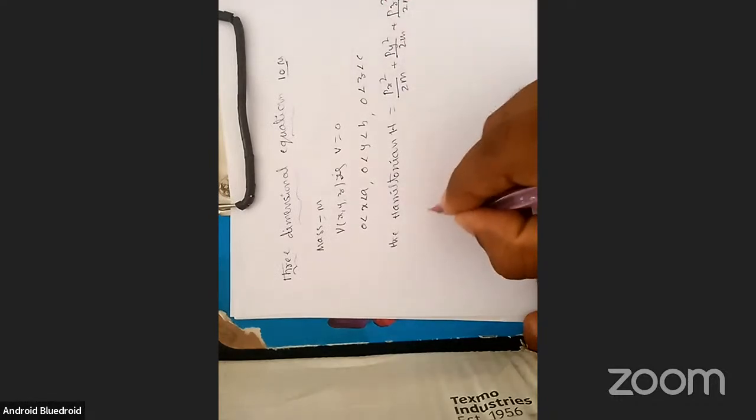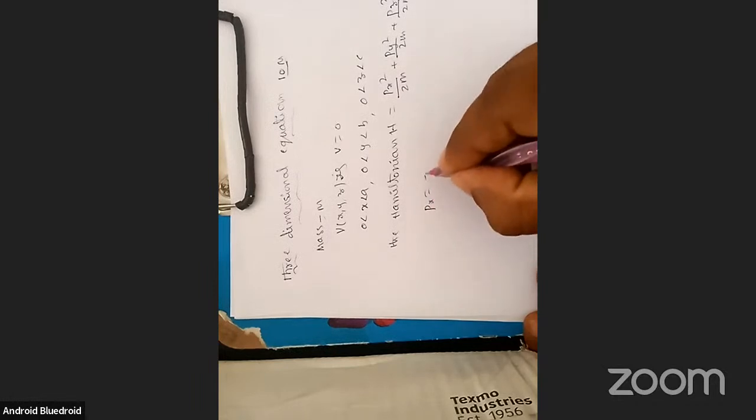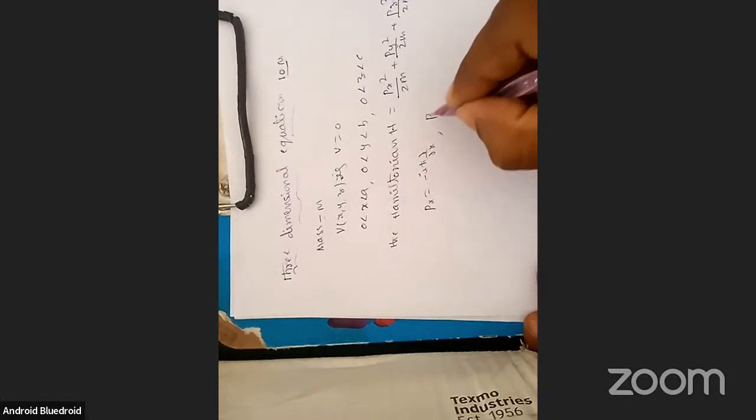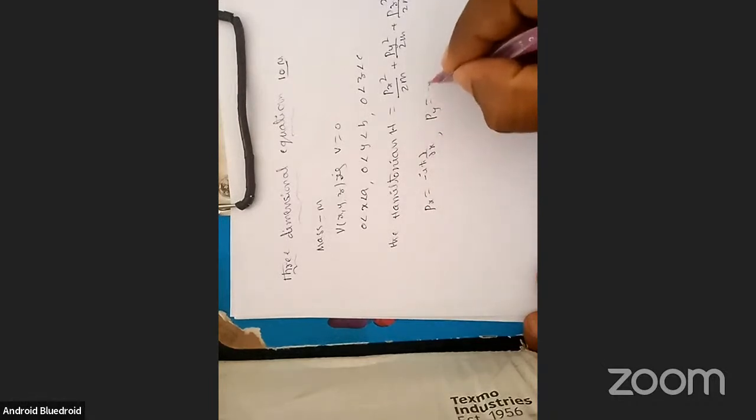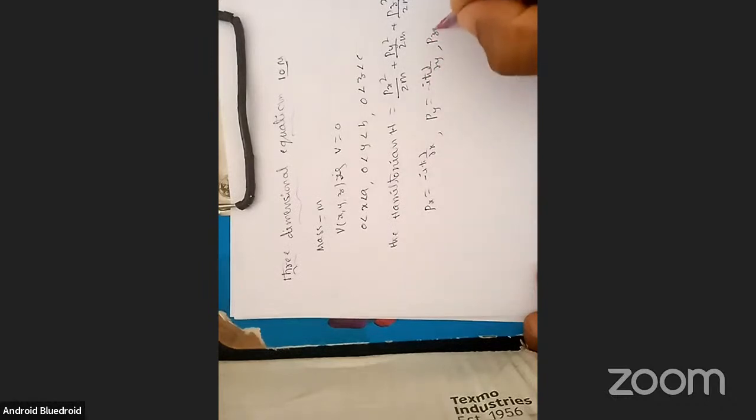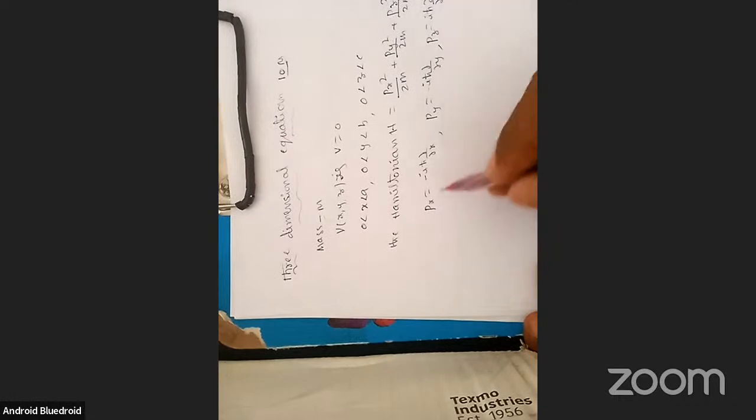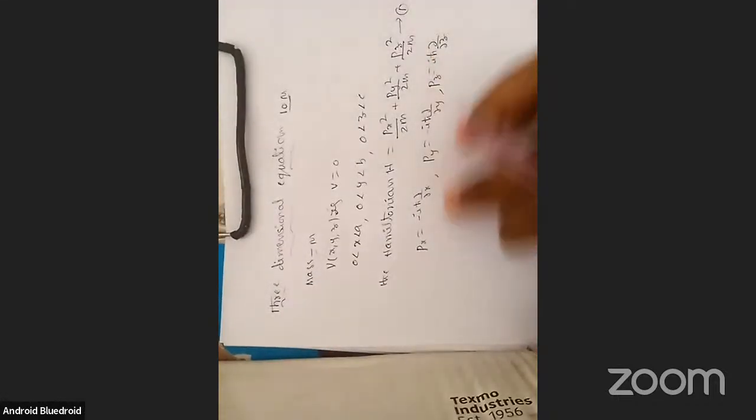Here I write px is equal to minus i h bar dou by dou x, py equal to minus i h bar dou by dou y, and pz equal to minus i h bar dou by dou z. These are the mathematical formulas. So these three values, px, py and pz, you substitute here in equation 1, the above formula.